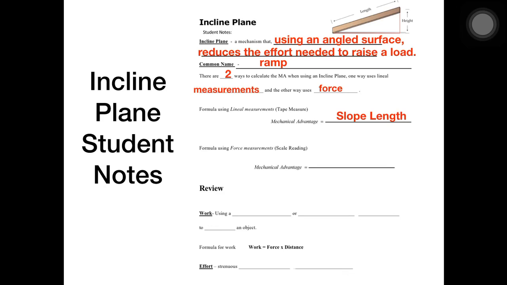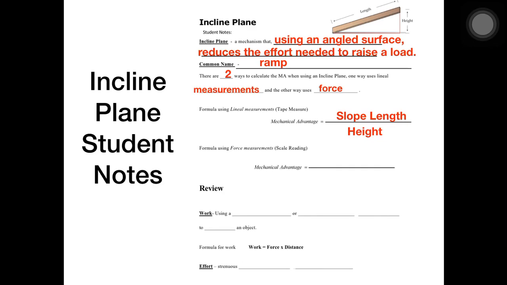We're going to divide that by the height, and you can see the height is from where the bottom is to where the top is. That is the way that you find mechanical advantage of an inclined plane using lineal measurements, what you find with a tape measure: slope length divided by height.